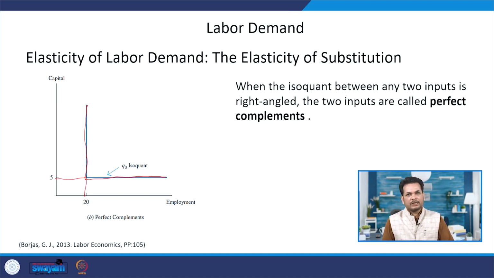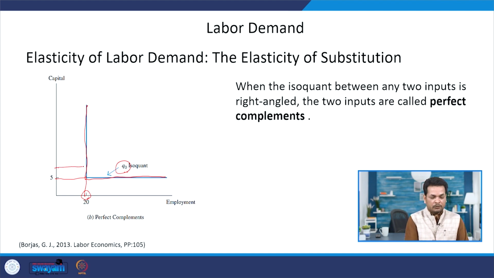So when the shape of the isoquant is right angled, the two inputs used in the process of production are called perfect complements. They complement each other. So keeping the level of output constant at Q0, if the firm fixes the level of employment at 20, adding more capital to the production is not going to increase the level of production.